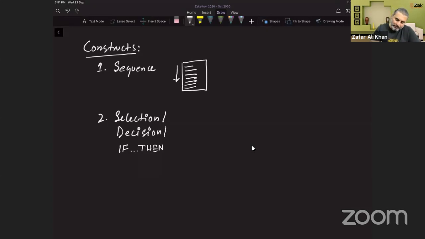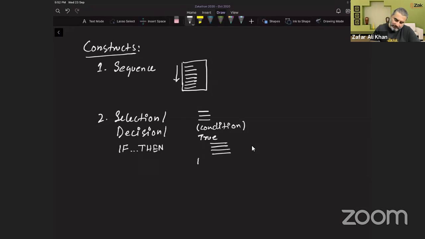So in a computer program, let's say there is a condition. If that condition is true, this is the true part, then this true part will be executed.